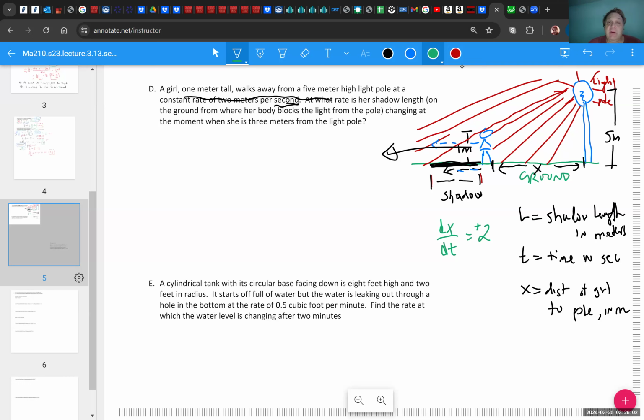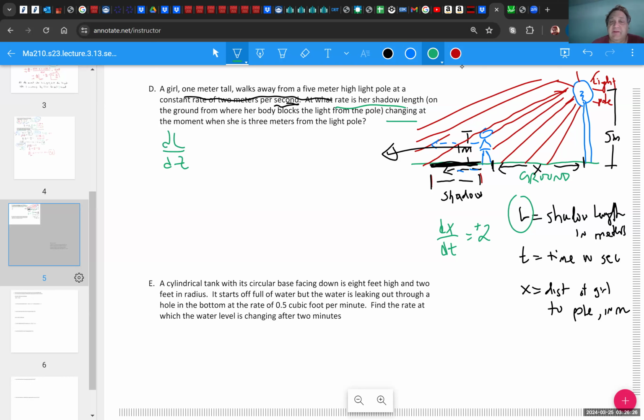Okay, we have a girl 1 meter tall walking away from a 5 meter light pole at a rate of 2 meters per second. At what rate is her shadow length changing? So this is the question. Well, we know our shadow length is L, so we're looking for dL over d what? The shadow length is changing at this moment, so that's in time.